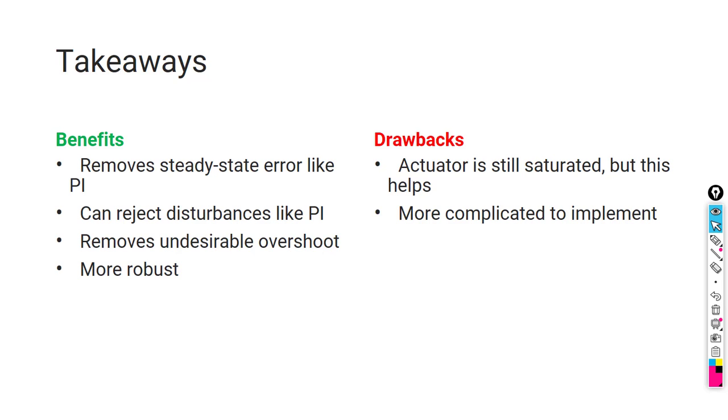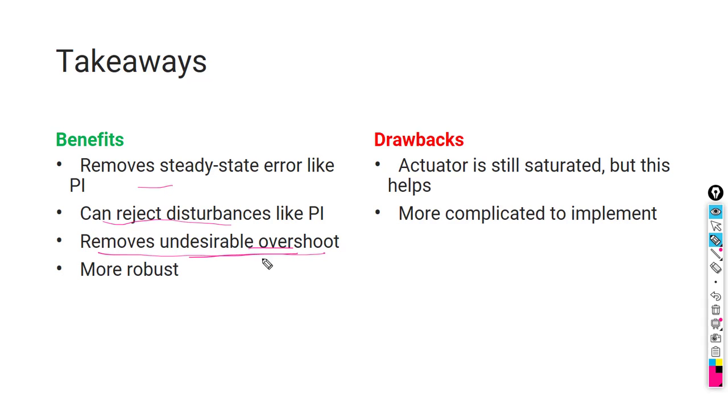Let's see the benefits and drawbacks of anti-windup. The benefit: it removes the steady-state error like PI, because you didn't eliminate your PI controller, it's still there. Also it rejects disturbance like PI, if we have disturbance. And it removes undesirable overshoot.